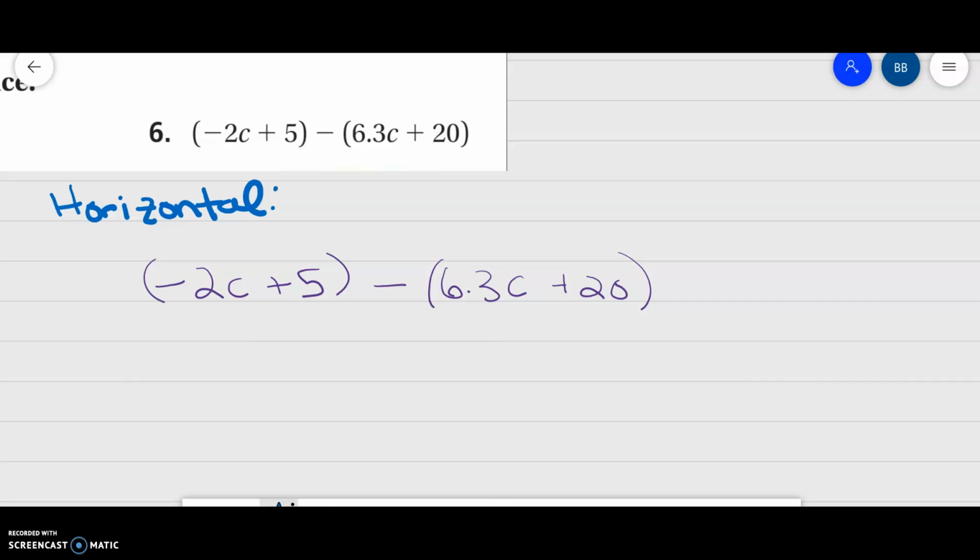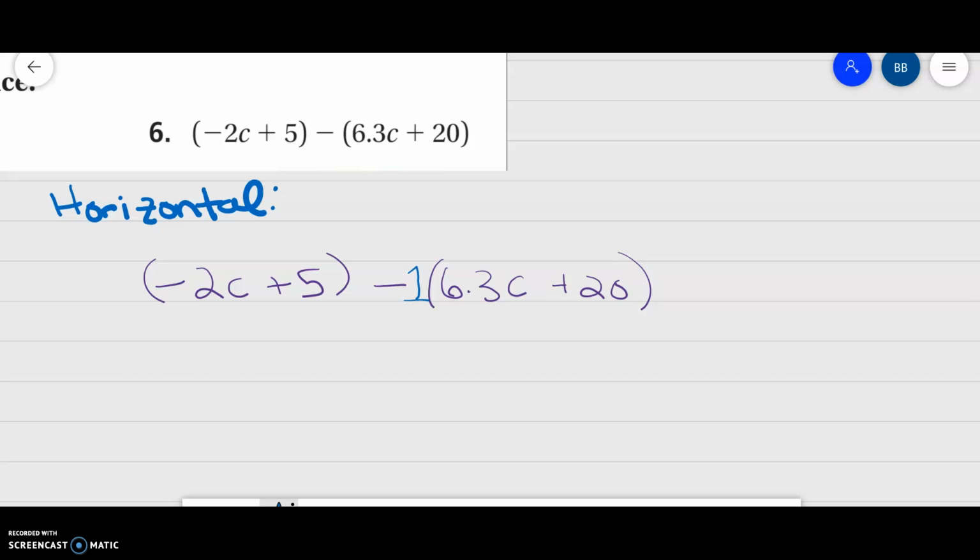There is really a 1 here; we're subtracting 1 of 6.3c plus 20. And the reason that's important is that although it doesn't really change anything for us now, eventually there'll be other numbers besides an invisible 1 right there, which will be important.